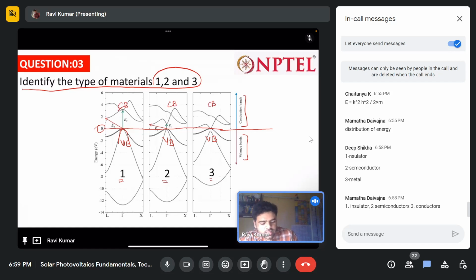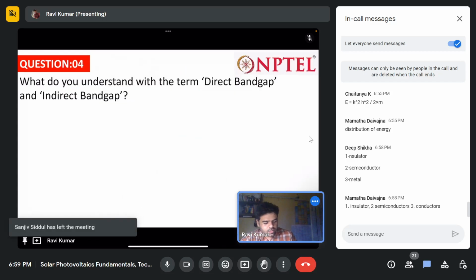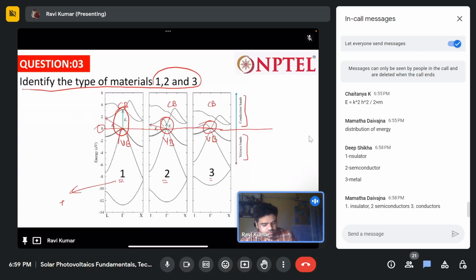So here this is the band gap, and here there is no band gap. That's why 1 is insulator, 2 is semiconductor and 3 is conductor. Okay, let's move on.